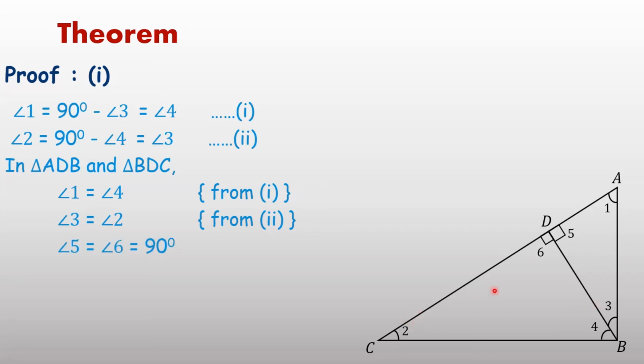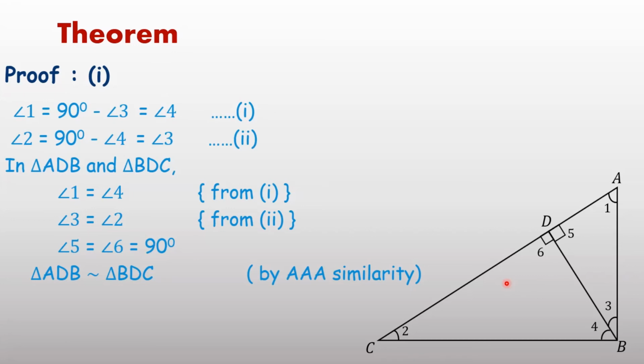And angle 5 equals angle 6 equals 90 degrees, both are 90 degrees because BD is perpendicular to AC. Therefore, these two triangles are similar by AAA similarity. In this pattern, you are able to prove the first part: these two triangles are similar to each other.